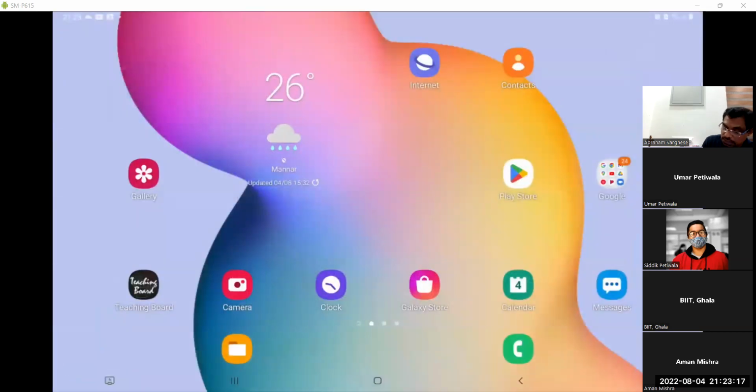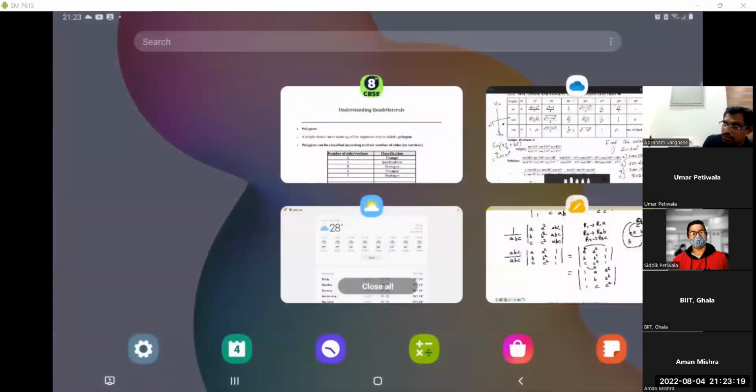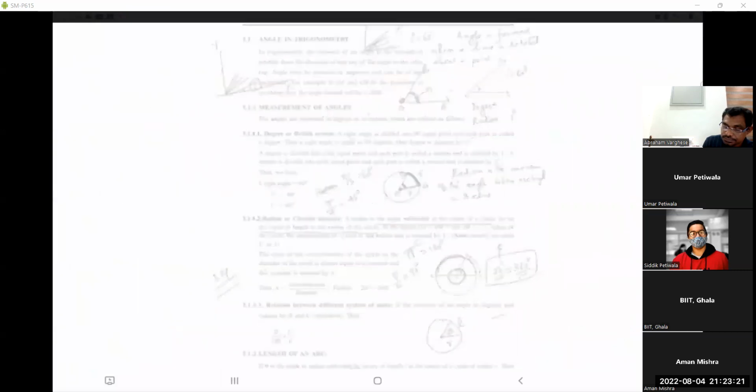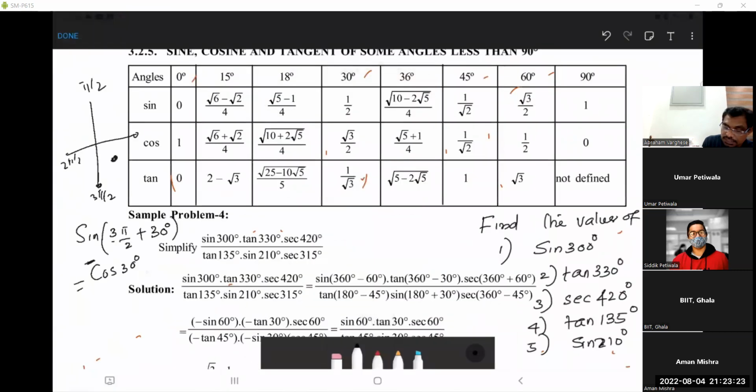And minus cos 30, the value will be root 3 by 2. So the answer is minus root 3 by 2. That is the answer of the first question.